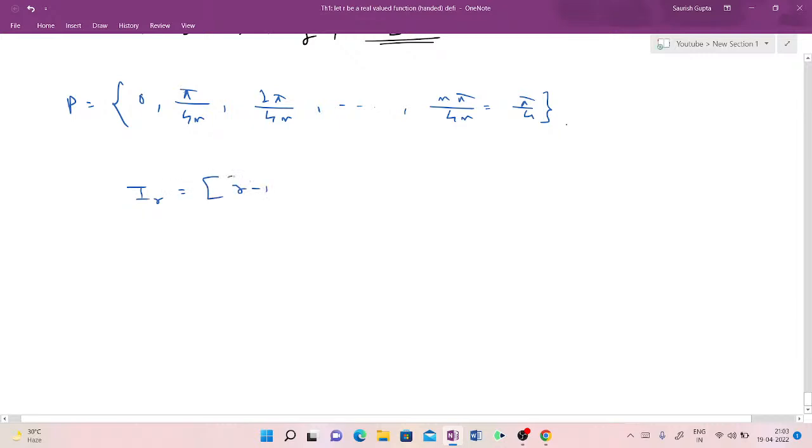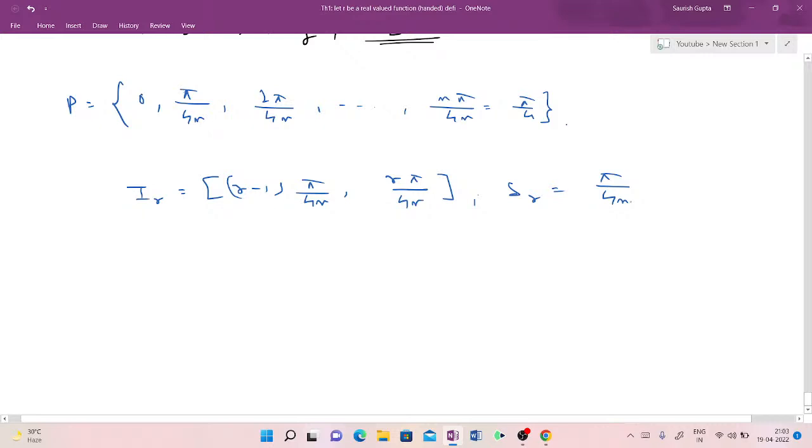Suppose you take a partition, let's say 0, pi by 4n, 2 pi by 4n, and keep on going till n pi by 4n, which is equal to pi upon 4. So we have taken this partition into consideration, and from here you have the rth interval as (r minus 1) times pi by 4n till r times pi by 4n. So what does your delta r come out to be? Pi upon 4n.